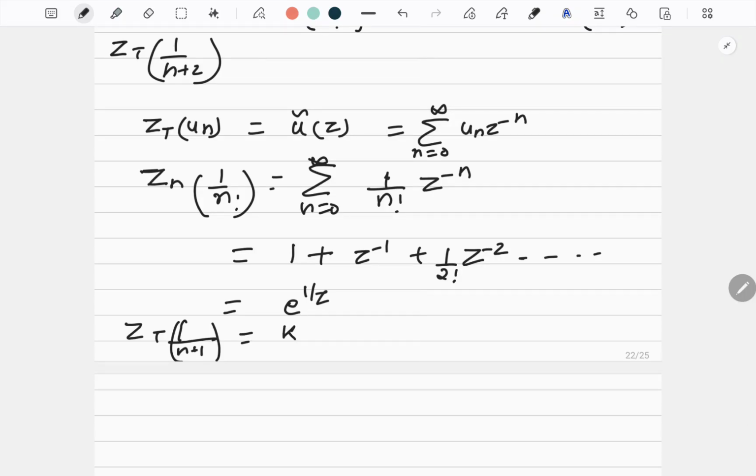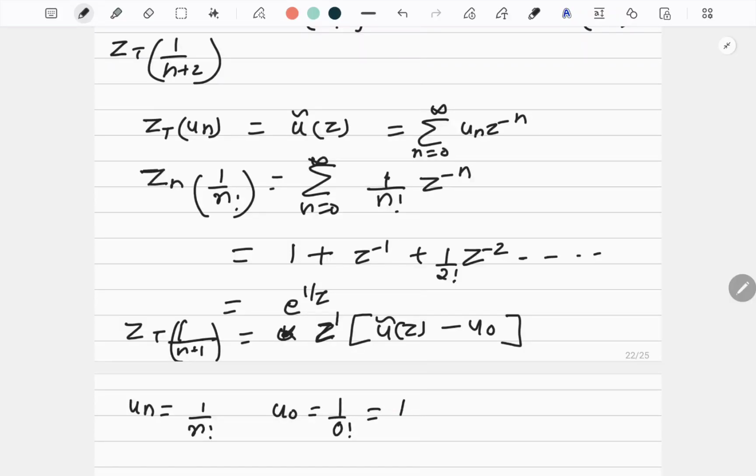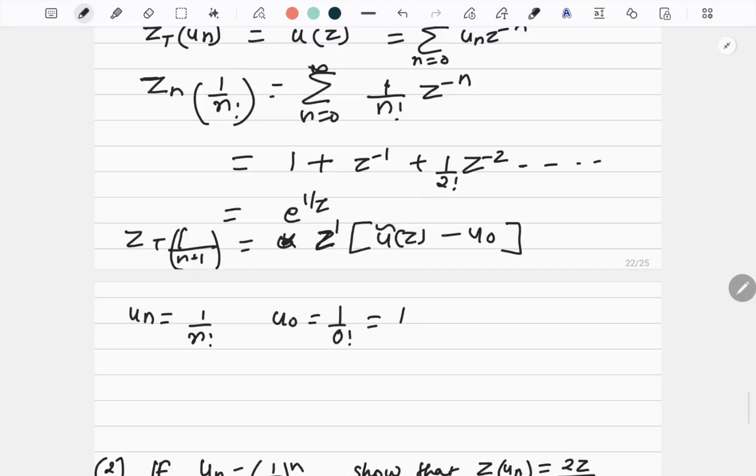This will become z to the power k, and k here is 1, so z to the power 1 in bracket U(z) minus u_0. Now what is u_0? The u_n value is 1 upon n factorial, so u_0 will be 1 upon 0 factorial, which is equal to 1, right? So I'll substitute here, and this will be z times (U(z) minus 1).